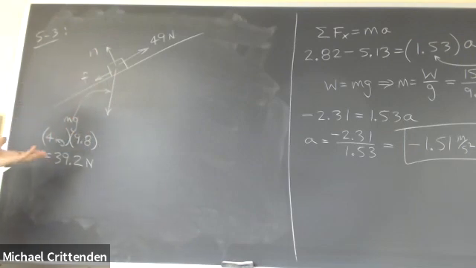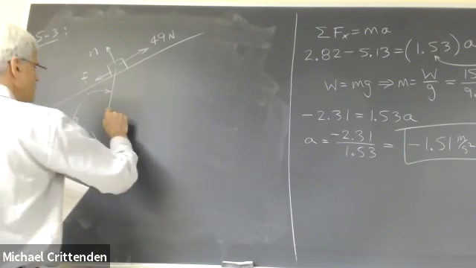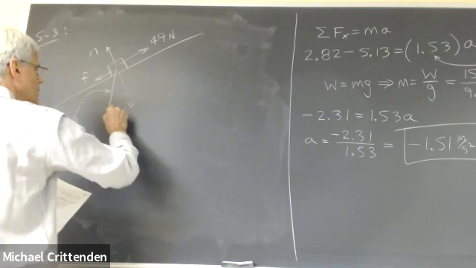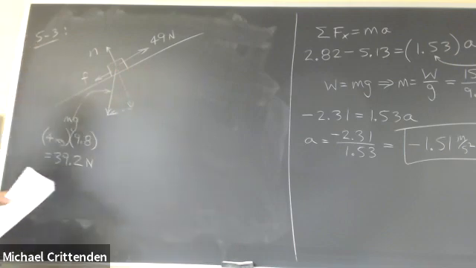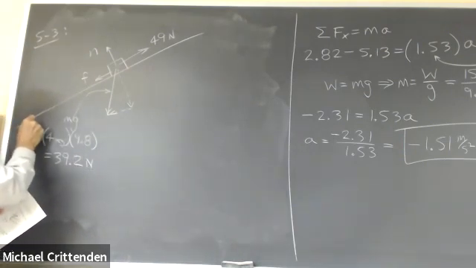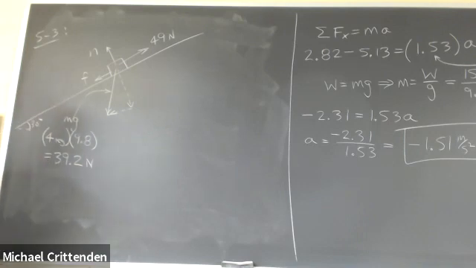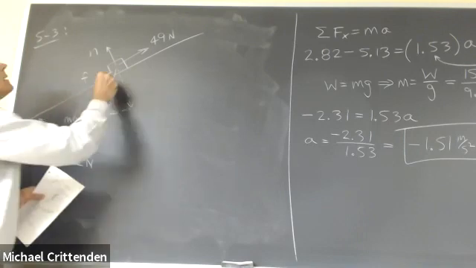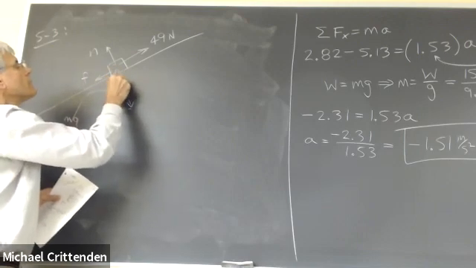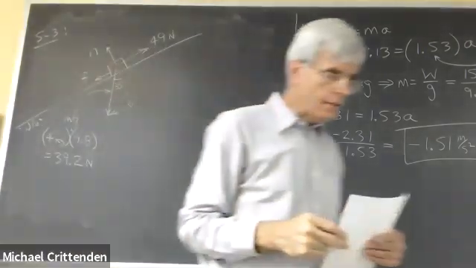And we, just like in the other one, need to do components parallel to the ramp and perpendicular to the ramp. So like that. If this ramp is tilted 30 degrees from the horizontal, then you've got 30 degrees up in there.